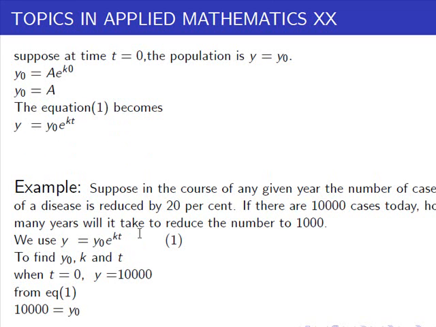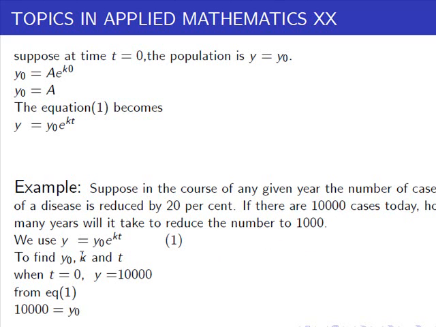There are three unknowns in the model. Y naught is unknown, k is unknown, time is unknown, and for the solution we have to find all these. It is given that if there are 10,000 cases today, this is the population of diseased, sick, ill people, those are 10,000 today, initially.